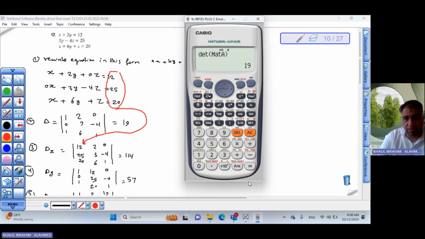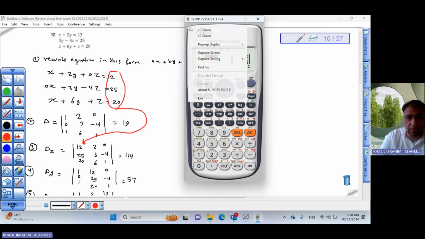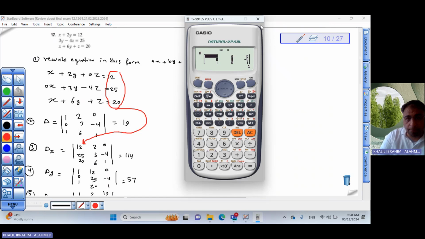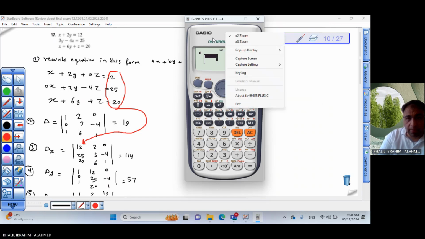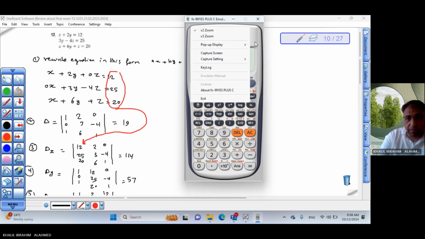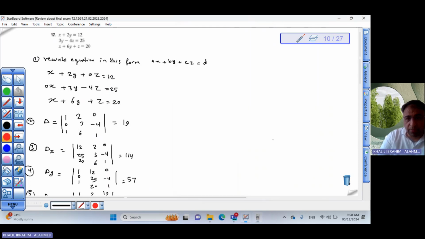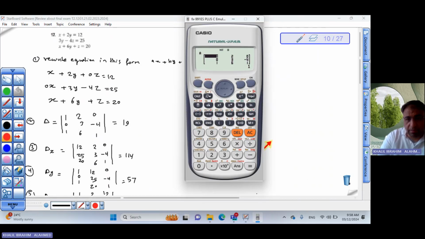How to find this? Maybe go to mode 6, 1, 1 also. Change here, just what change?